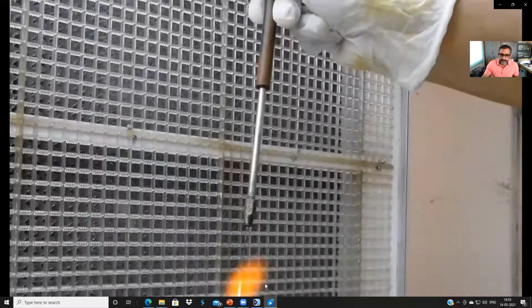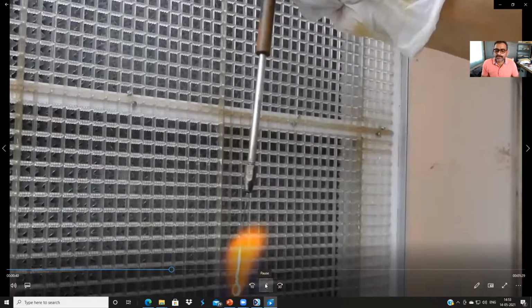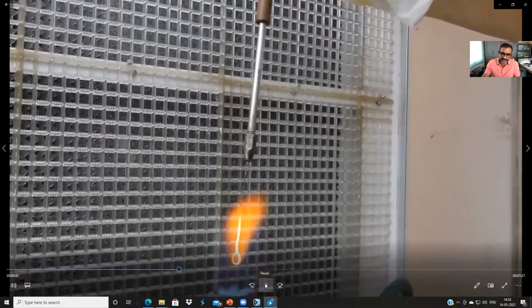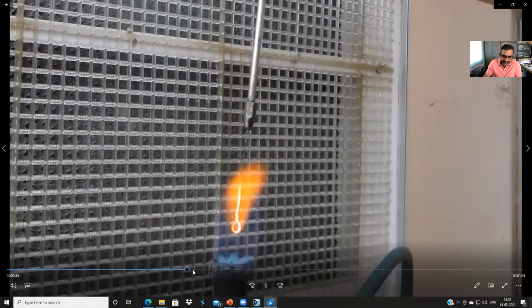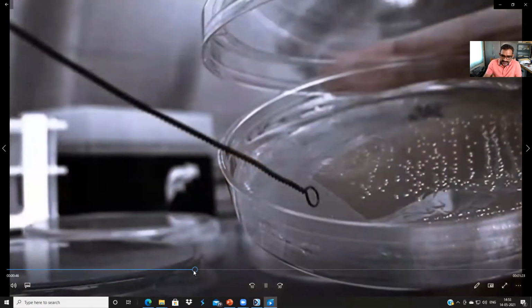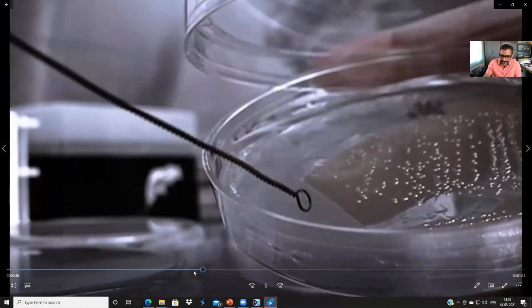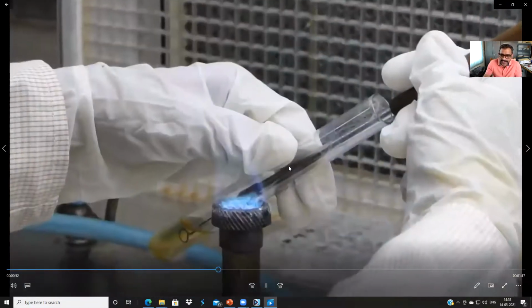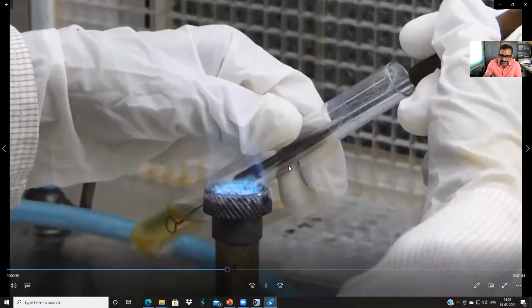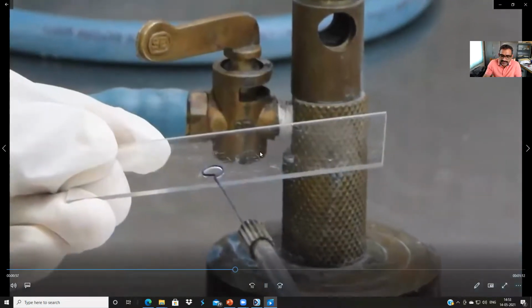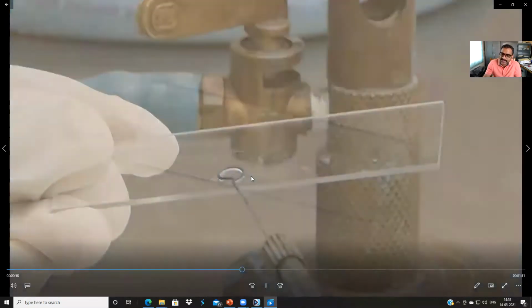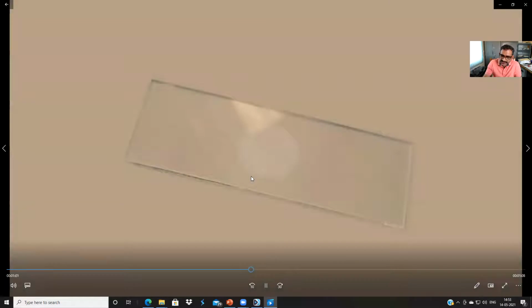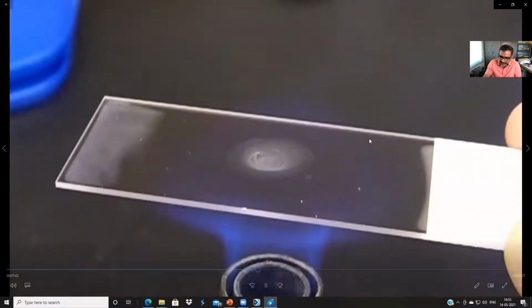This is the video showing the procedure of gram staining. Take a slide, put a drop of water, take a bacterial culture, make a smear, air dry, heat fix.